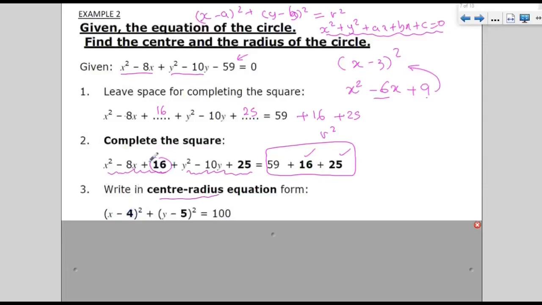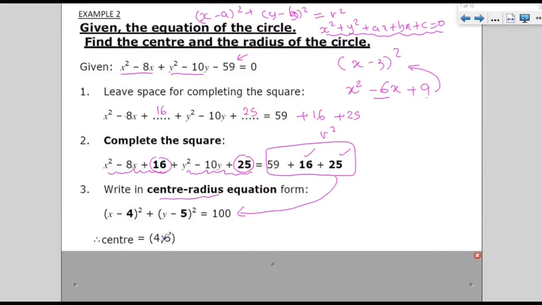And you can see if you multiply it out and double check, you will get this expression. Same thing for y minus the square root of 25. And how did you get 100? 100 is the sum that they got here. So I now wrote it in the form (x minus a) all squared plus (y minus b) all squared is equal to r squared.